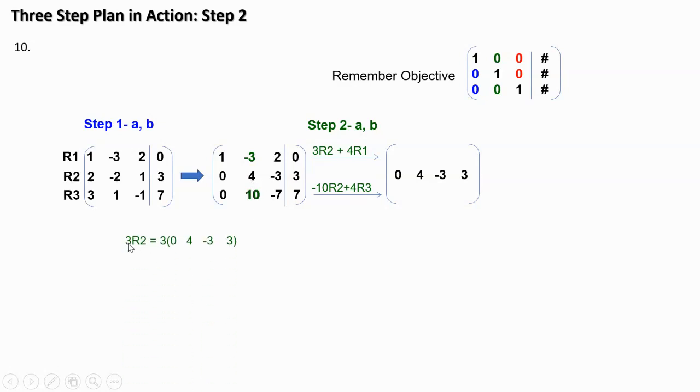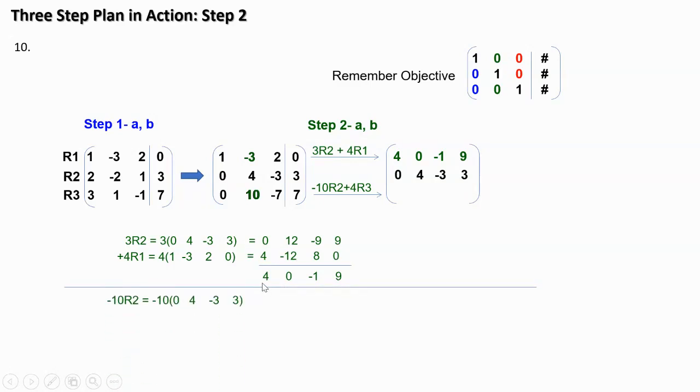And here's my work. 3 row 2. We're going to multiply 3 times every element in row 2. This is what we get. And then plus 4 row 1. We're going to multiply 4 times every element in row 1. So after we add them, right, we get 4, 0, -1, and 9. So that's my new row 1.